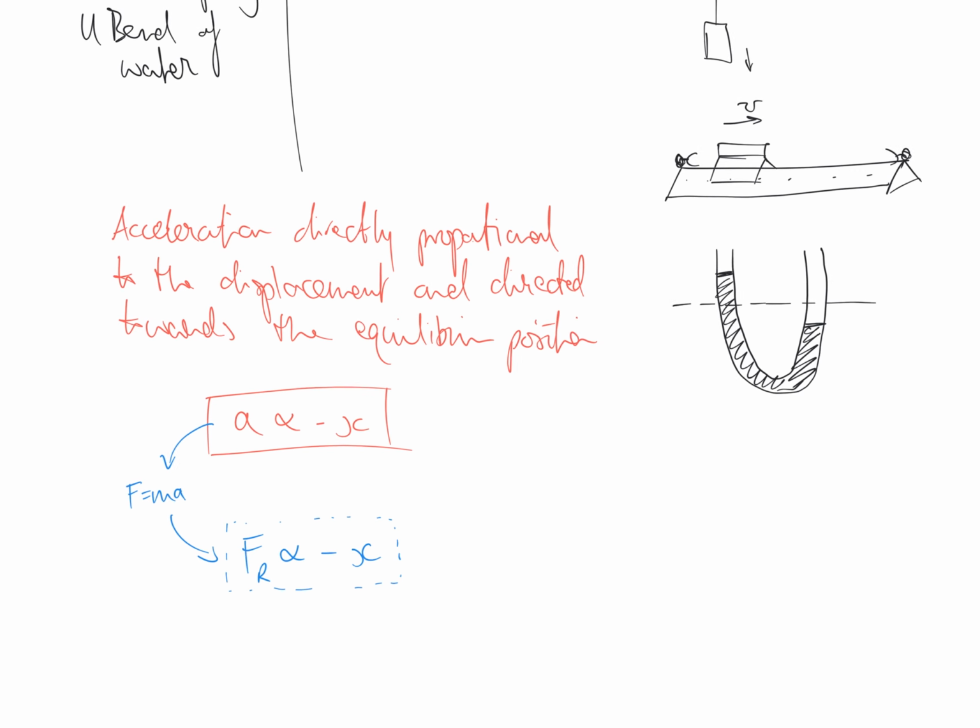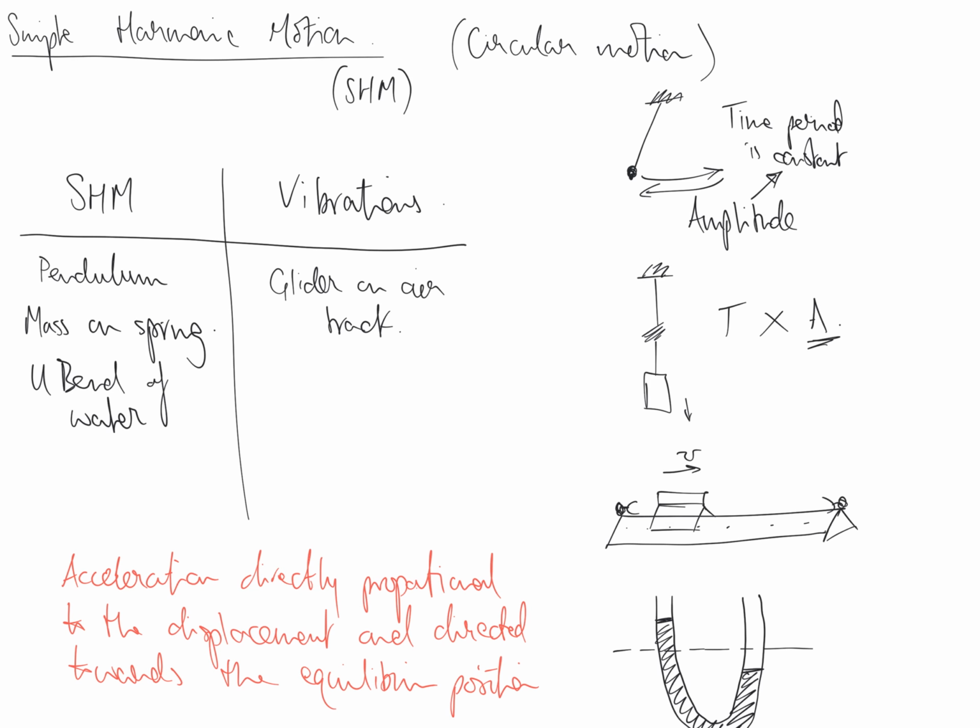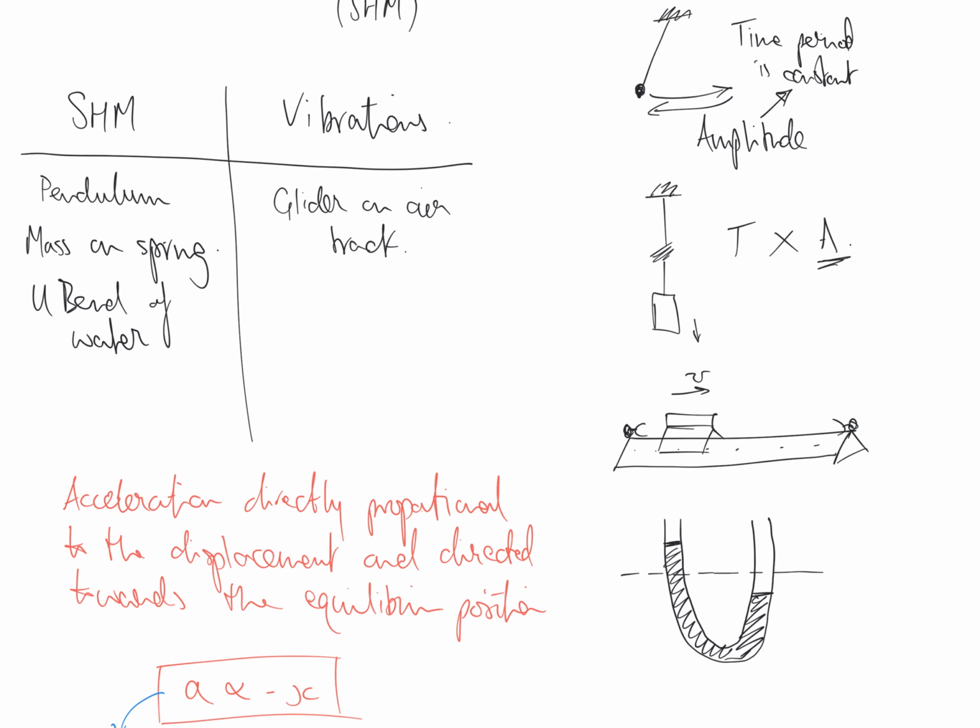So let me draw this in blue. Let's go back to the original one here. Let's go back to an easy one that we know. This is my resultant force. And I know that there is mg working here, but that mg and F_R equal each other at an equilibrium position.